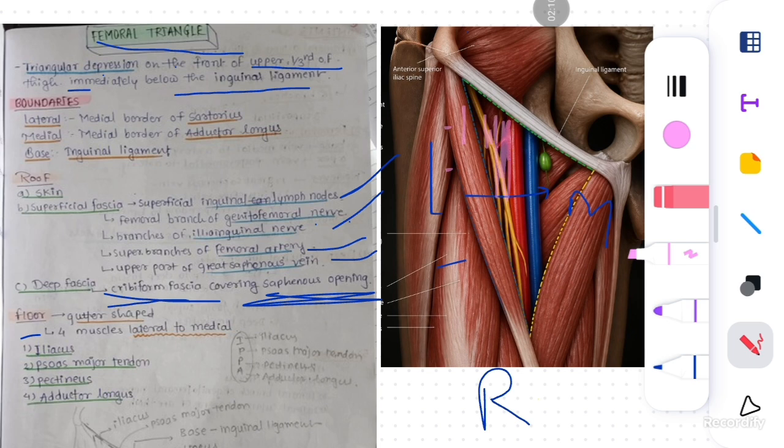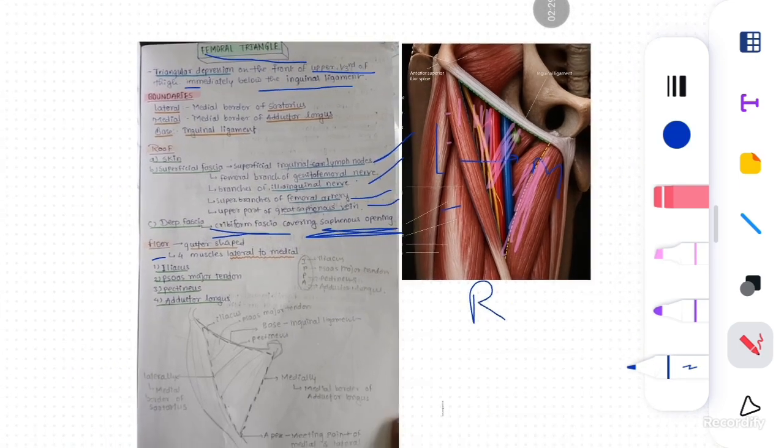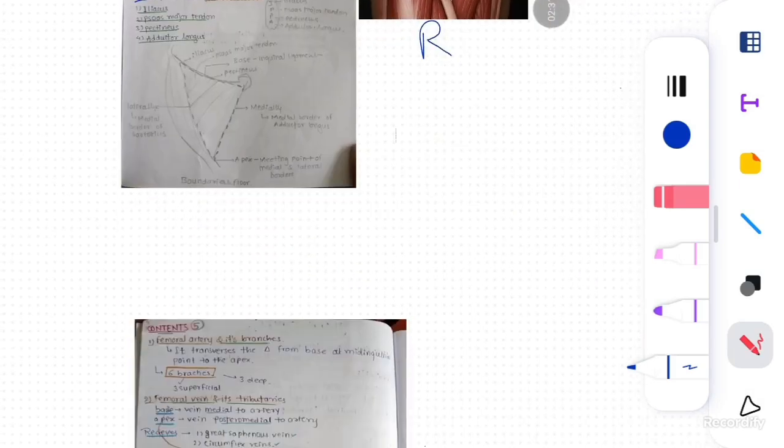Behind the arteries, veins, and nerves are the muscles that represent the floor: iliacus, psoas major tendon, pectineus, and adductor longus. So it is not seen here because of the contents of the femoral triangle.